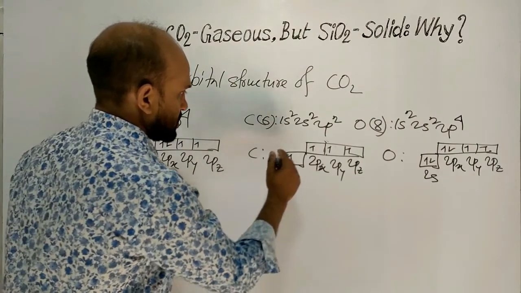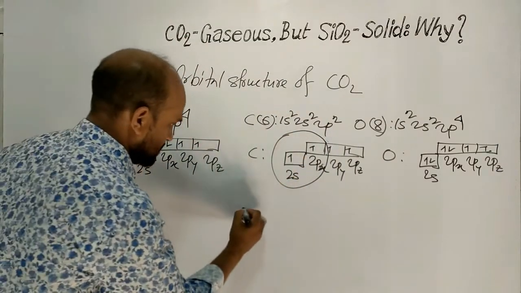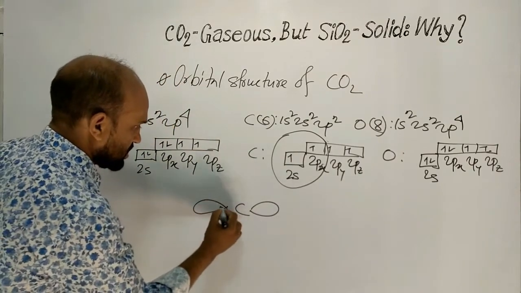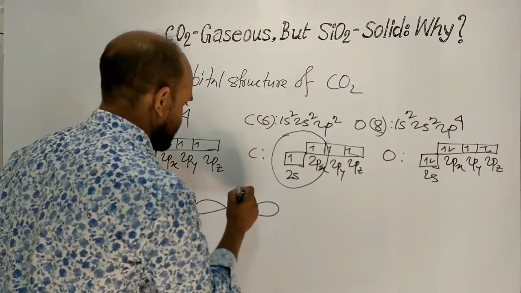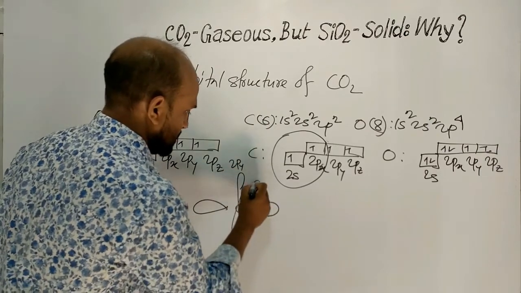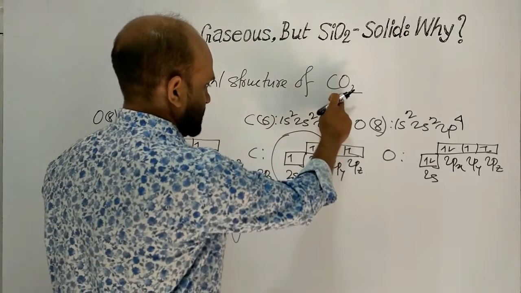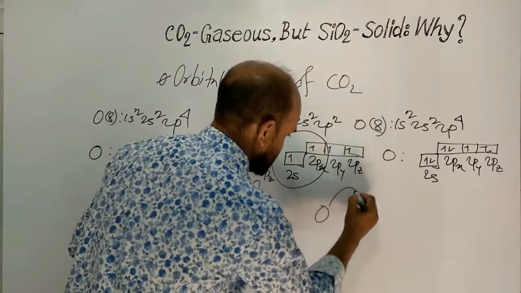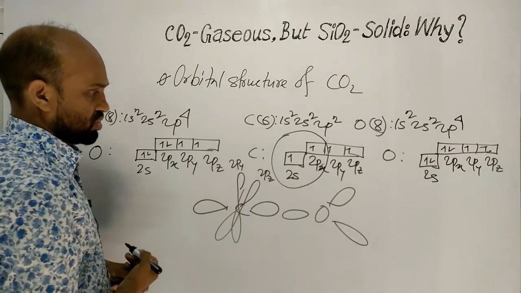In carbon dioxide, carbon is sp hybridized. Then this is an sp orbital, this is another sp orbital, and 2 orbitals remain unhybridized. This is 2py and this is 2pz. But in carbon dioxide, oxygen is sp2 hybridized: sp2, sp2, and this is an sp2 orbital.